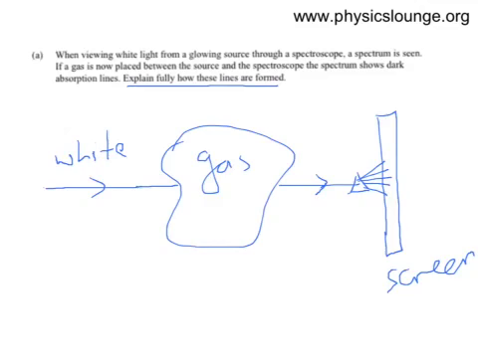Now the light that is absorbed, if you think of a single photon of that light hitting an electron, which is part of an atom, and exciting it, giving the energy to the electron to make it jump up energy levels.